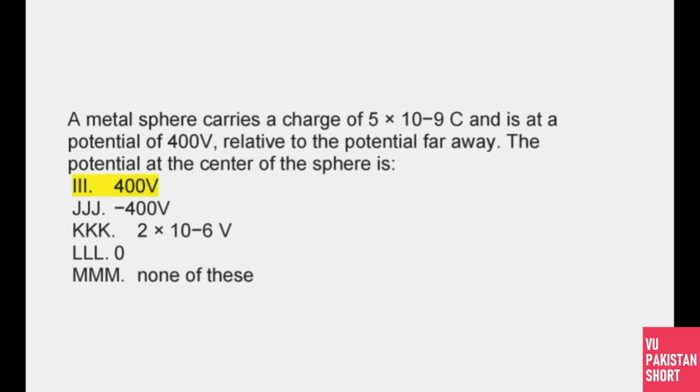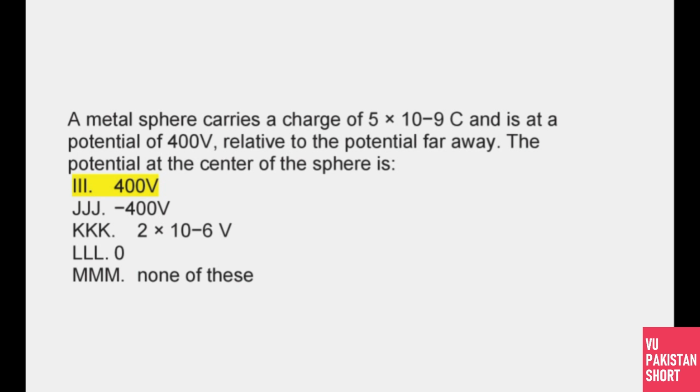A metal sphere carries a charge of 5 × 10^-9 C and is at a potential of 400 volt relative to a potential far away.